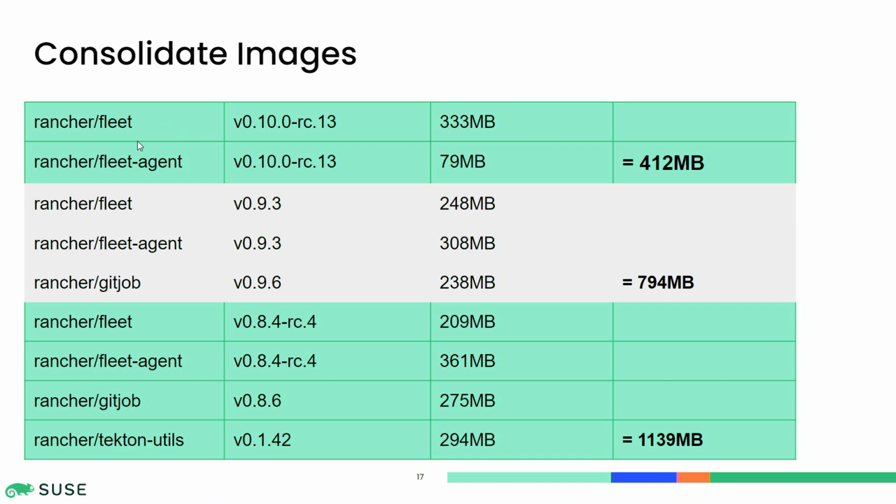The main Rancher Fleet image grew a little bit in size, but that's because we consolidated the Git job controllers into the same image. So now we have fewer version numbers to deal with, which makes releasing faster and easier. It also reduces the amount of images you have to download.